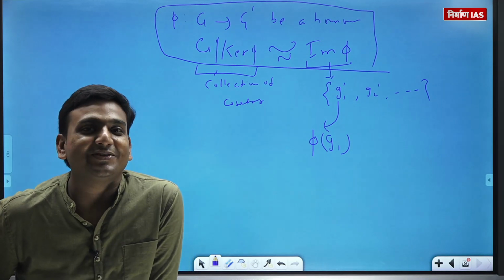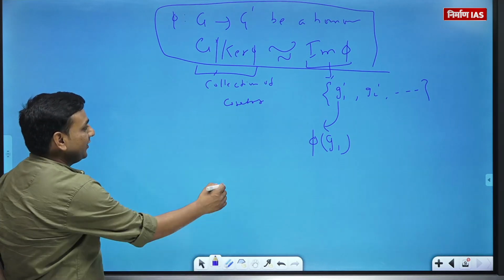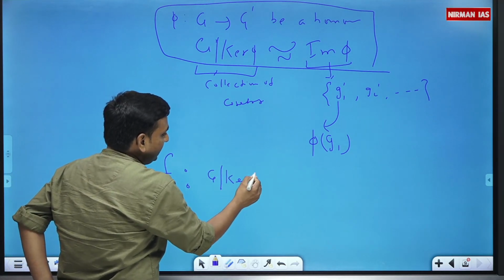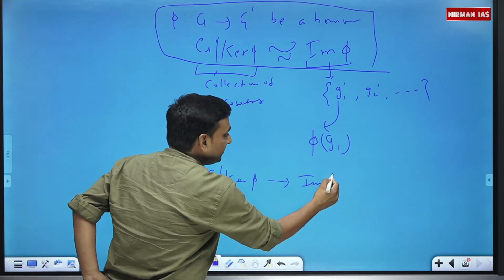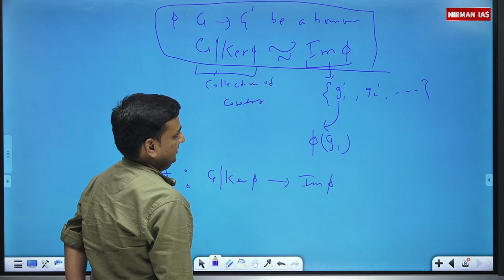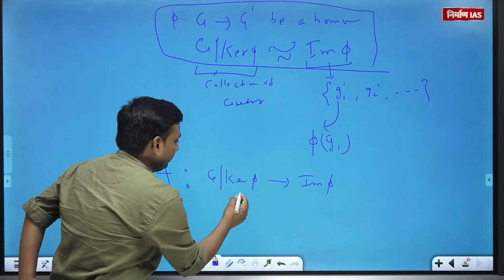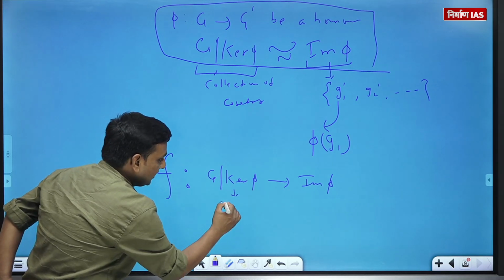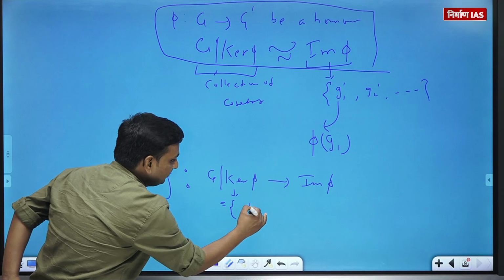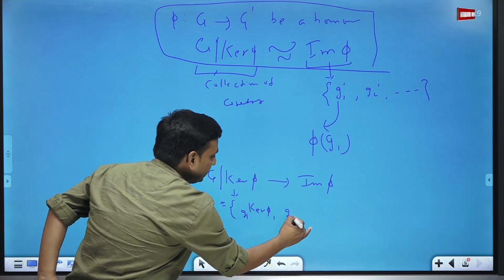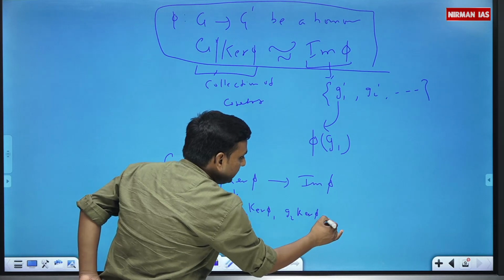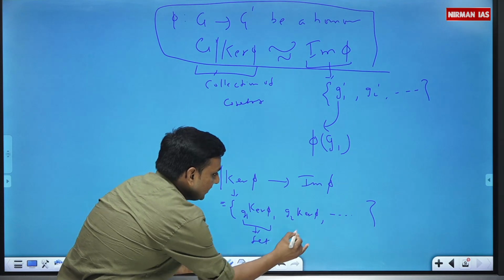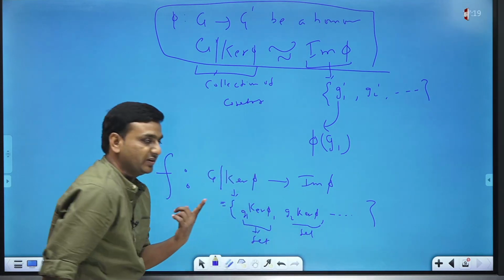Is that done? Should I define anything else? Now I am going to define a mapping from G by ker phi to image phi. G by ker phi is the collection of cosets of ker phi in G. So this set can be written as g1 ker phi, g2 ker phi, and so on. This is not an element, this is a set. This is a set. Getting it?